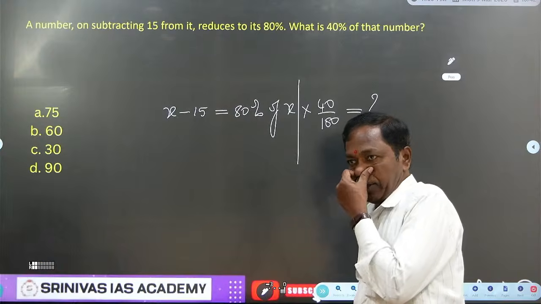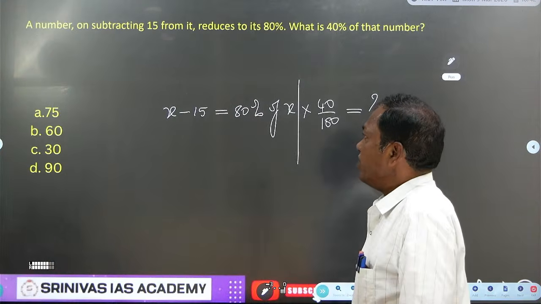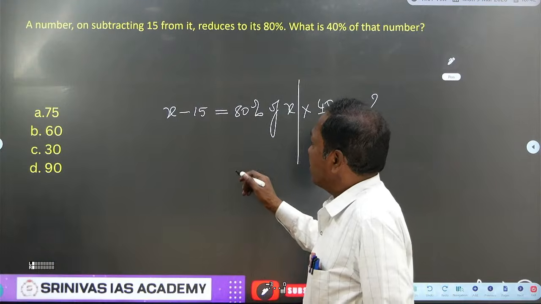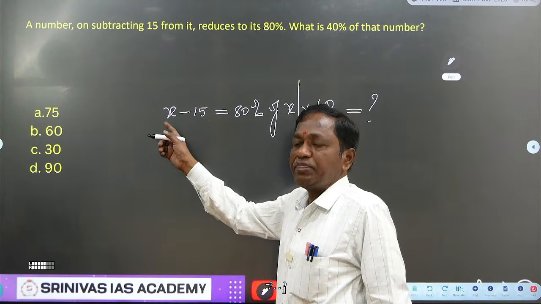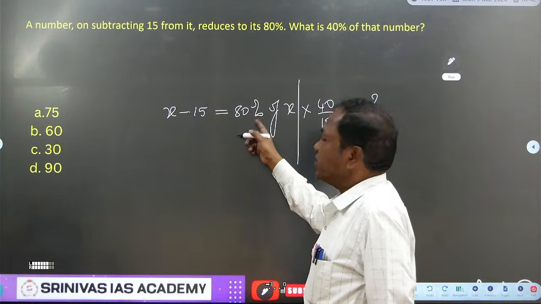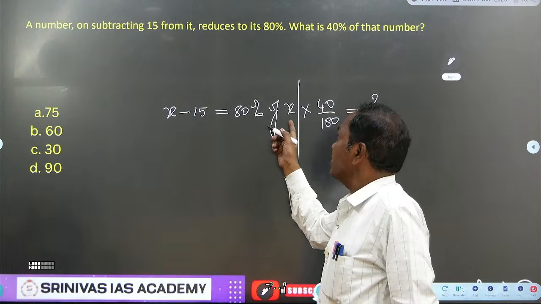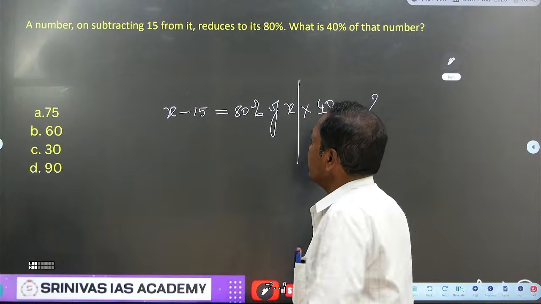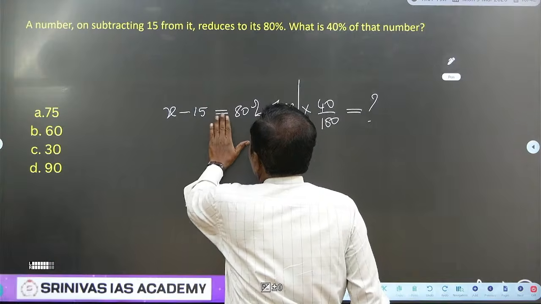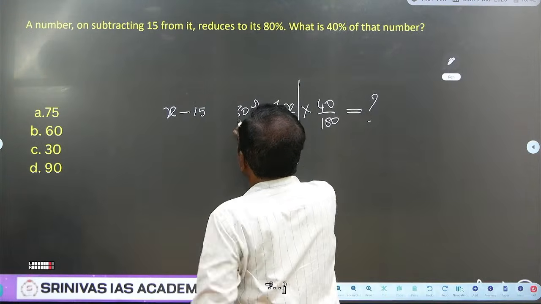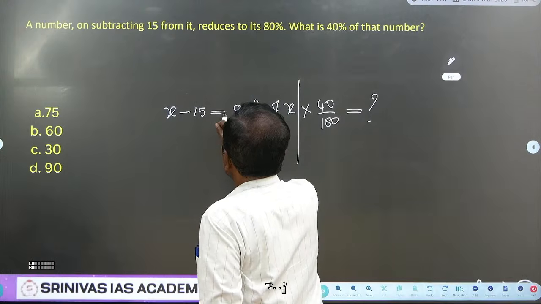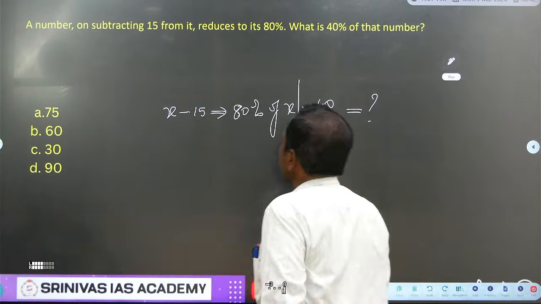This is the equation. See, now you have to understand very carefully. Let the number be equal to 100%. When 15 is reduced, it reduces to 80% of the number. I cannot say equals here, because it changes the meaning, so put an arrow: 100%.